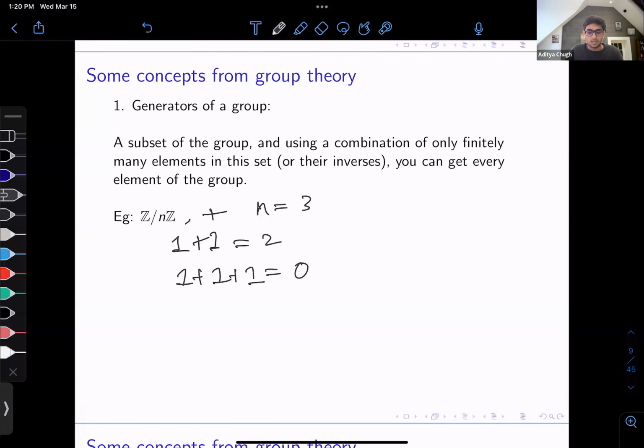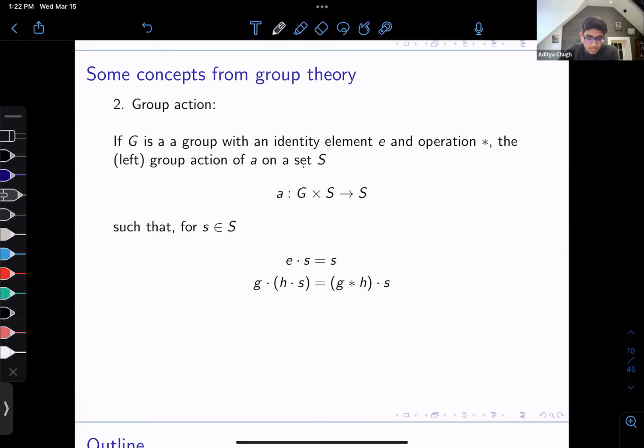Yeah. So right, a group action. If you have a set, a group action is a function which takes in an element of the group and an element of the set, and gives you another element of the set. The properties that we want it to have are, if you apply the identity to an element of the set, it should give you the same element back.